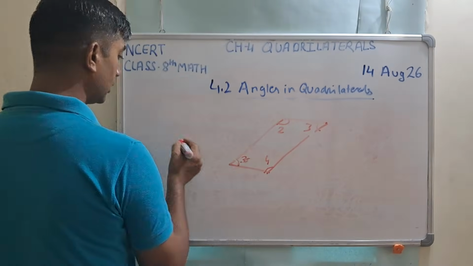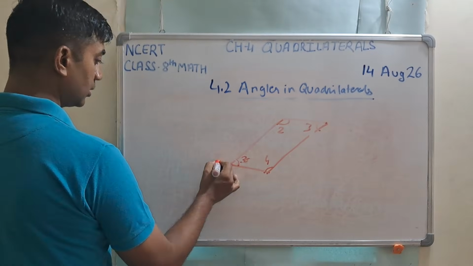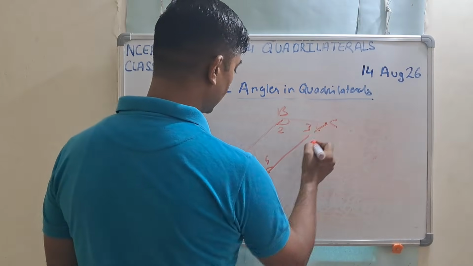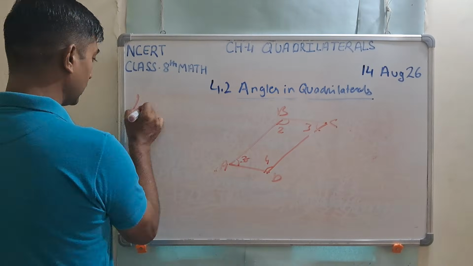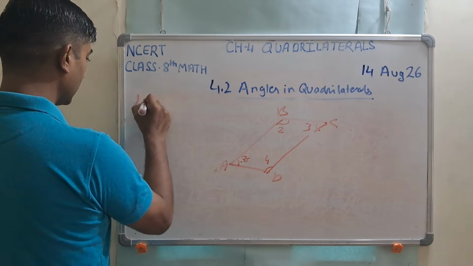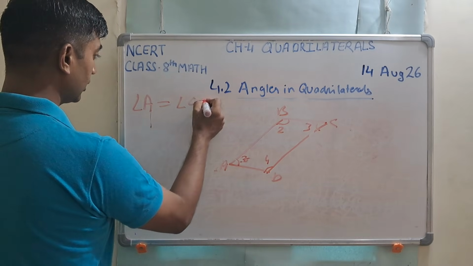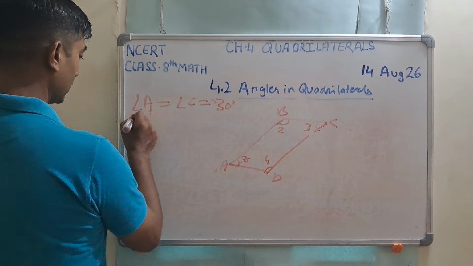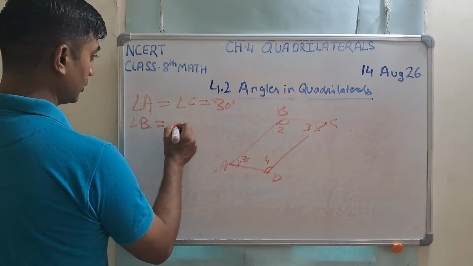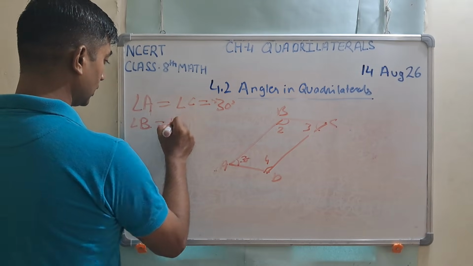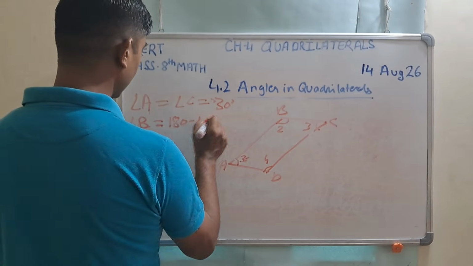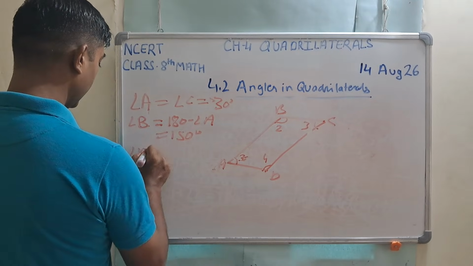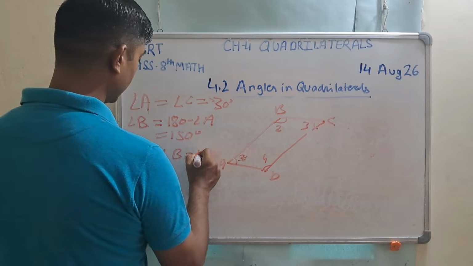What is angle 3? Since opposite angles are equal, if we name the vertices A, B, C, D, then angle A is equal to angle C, that is 30 degrees, and angle B is equal to 180 minus angle A, that is 150 degrees, and angle D is equal to angle B, that is 150 degrees.